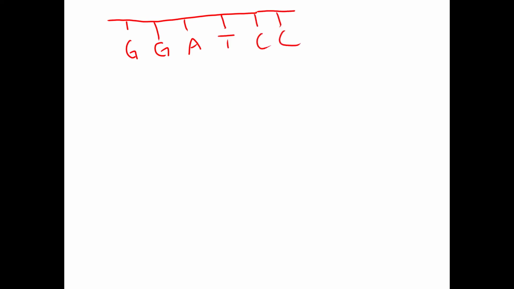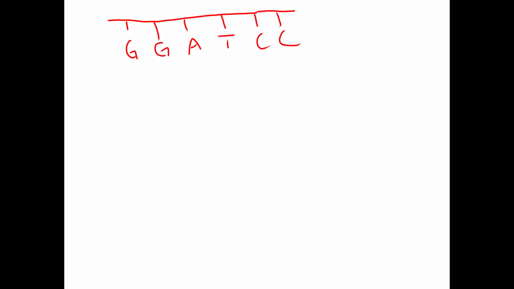Just like this. You have one strand, and let's say that this strand reads G, G, A, T, C, C. That might be one strand, and we're just looking at that one strand.